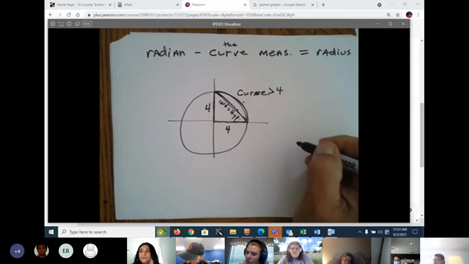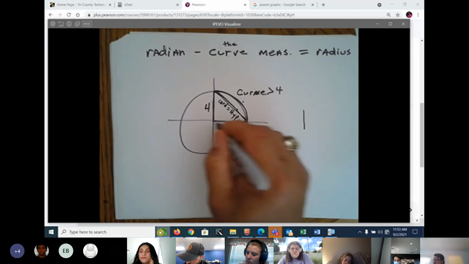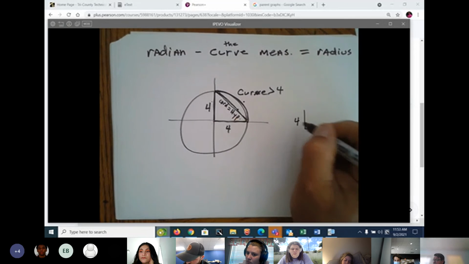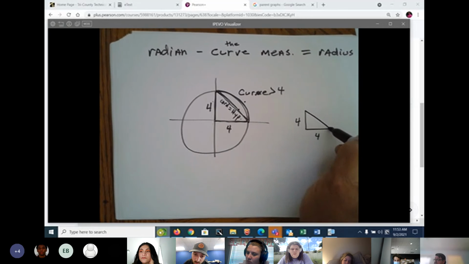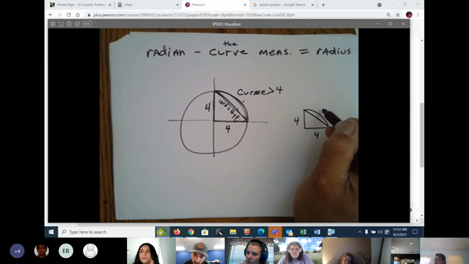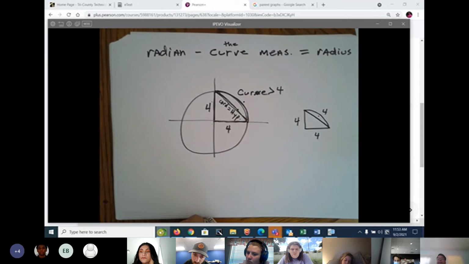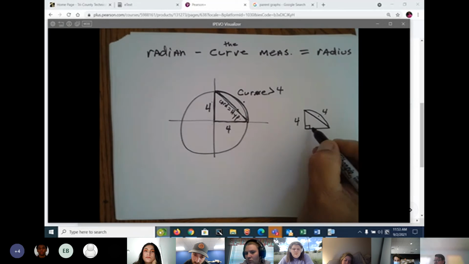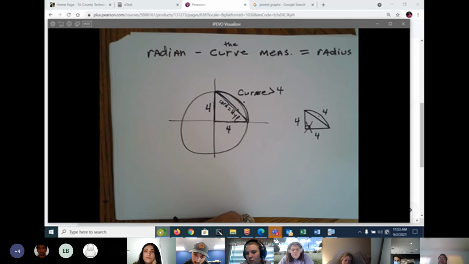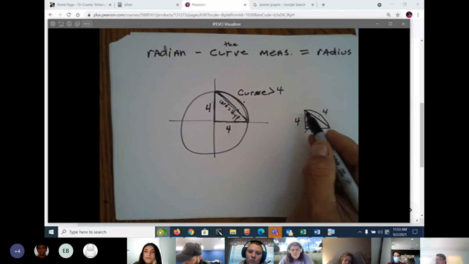A radian is when you have this setup right here, 4, 4, and this measurement right here is equal to 4. So that means that this is not going to be 90 degrees. You see that? That's the kicker. The radian is not 90 degrees.